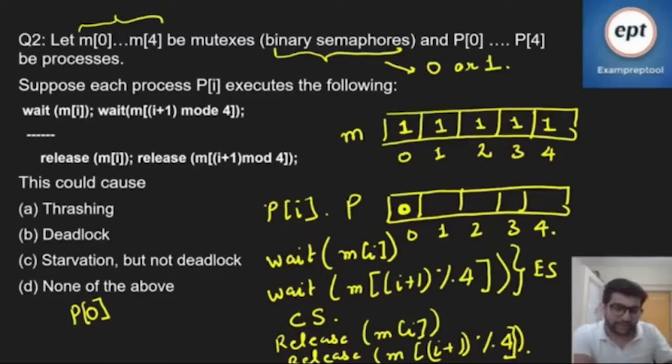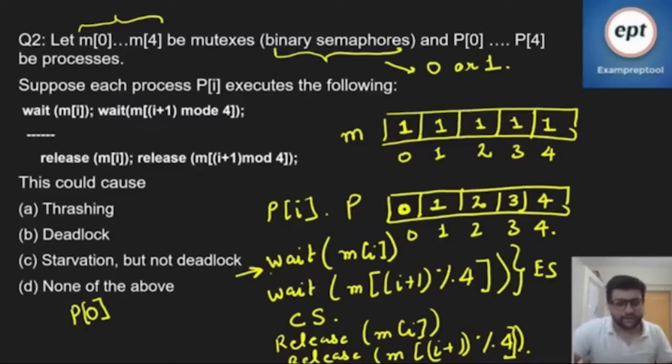And again, the P1 process also gets preempted after executing this particular instruction. So we are assuming that all the processes get preempted after executing this wait Mi instruction. So when the P1 process executes, the M1 mutex will be locked by this particular process. Similarly, mutex M2 will be locked by P2, mutex M3 will be locked by P3, and mutex M4 will be locked by P4.